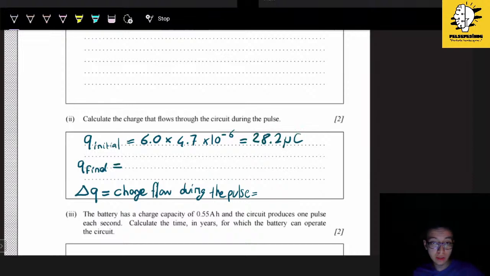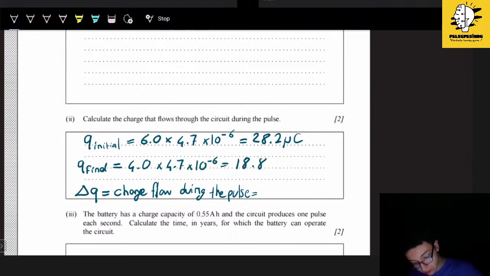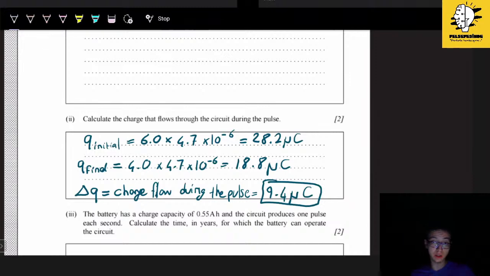Q final will be 4 volts times 4.7 times 10 to minus 6 farad, which is 18.8 microcoulombs. Hence the change will be Q initial minus Q final, in absolute value, 9.4 microcoulomb. This is the charge that flows through it, and let's not forget this number.